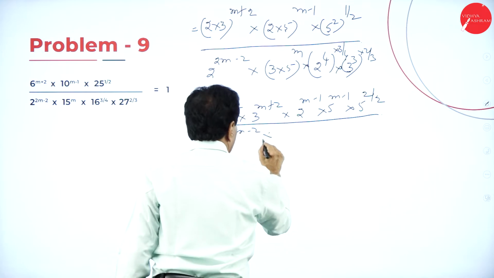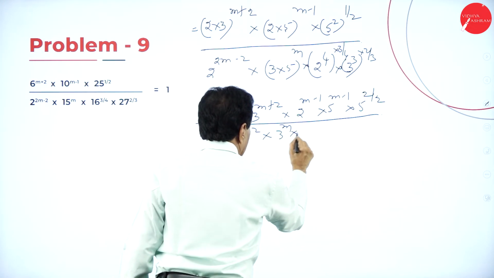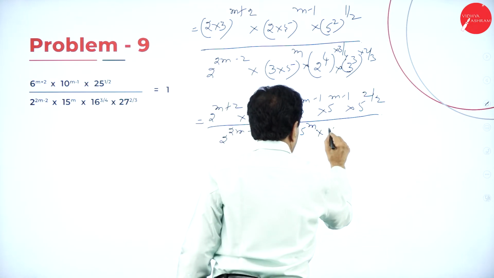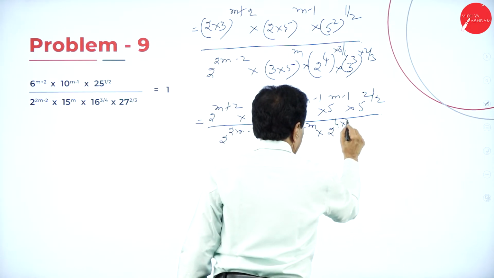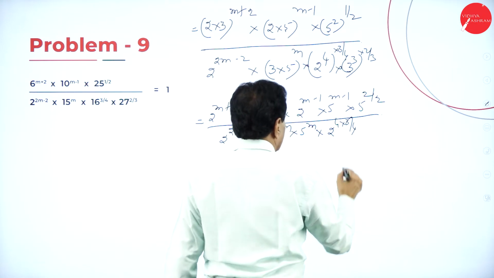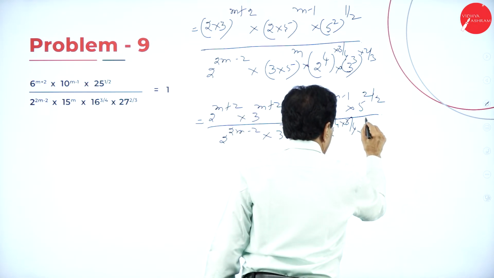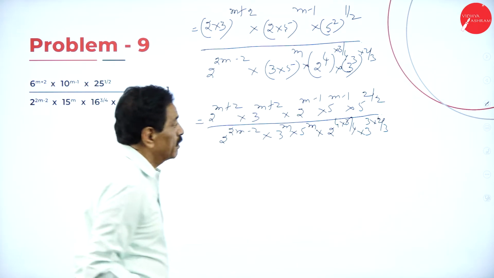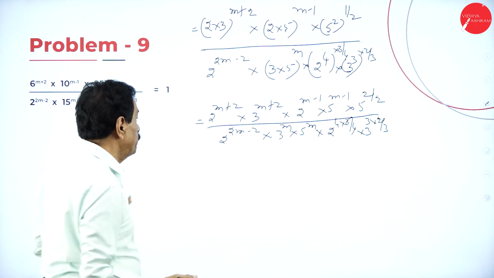This is 3 to the power of m into 5 to the power of m into 2 to the power of 4 into 3 divided by 4, 3 to the power of 3 into 2 divided by 3. Simple. I am going step by step.